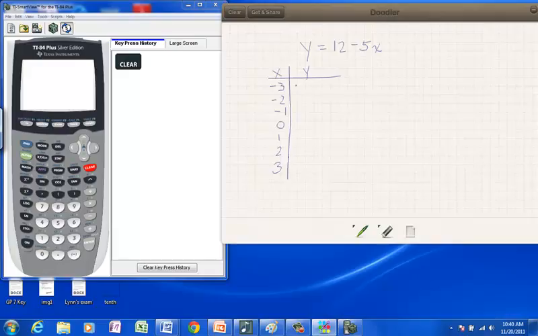Now if they tell you to show your substitution, that's this step, where we substitute the -3 in where there was an x up there. Now I'm going to go ahead and do my calculations over here on the calculator.